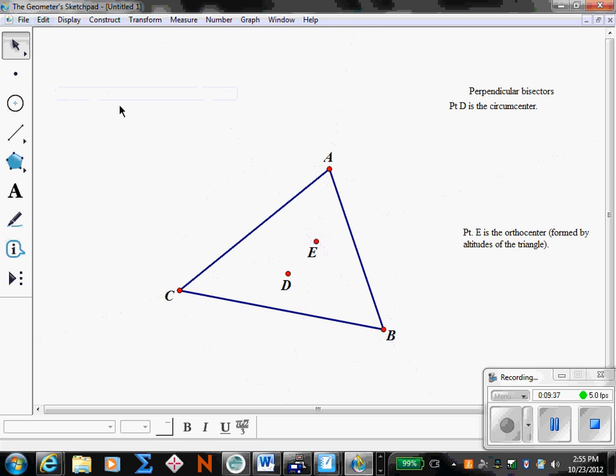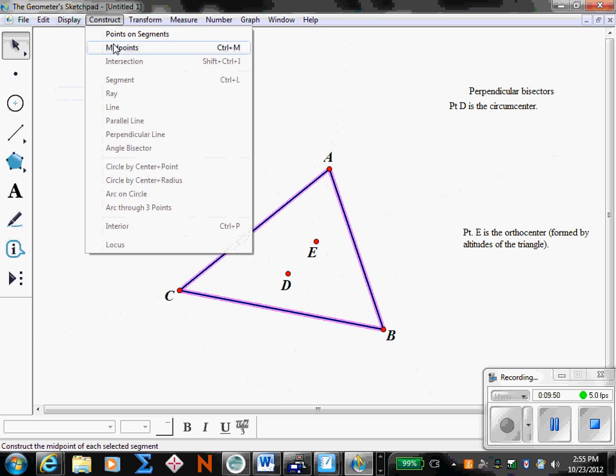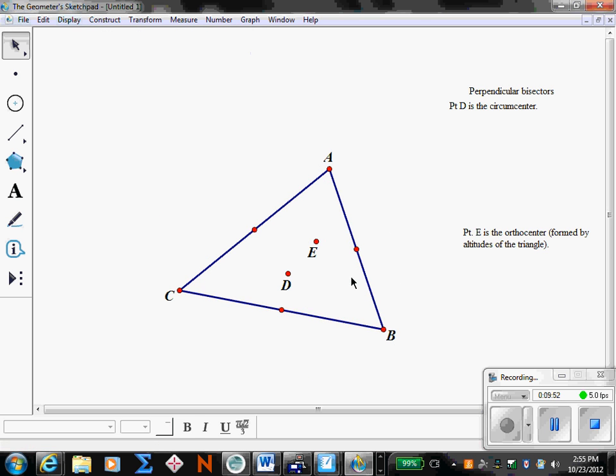I still have the orthocenter and the circumcenter showing. I am going to bring the midpoints back up. And then I'm going to construct the medians, from the vertex to the midpoint of the side opposite.